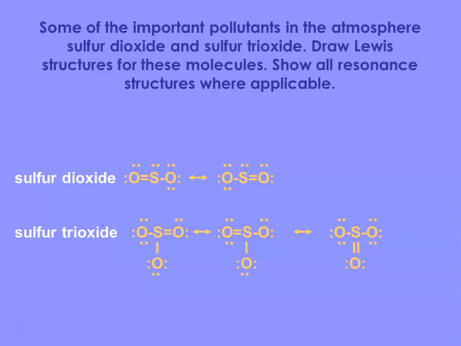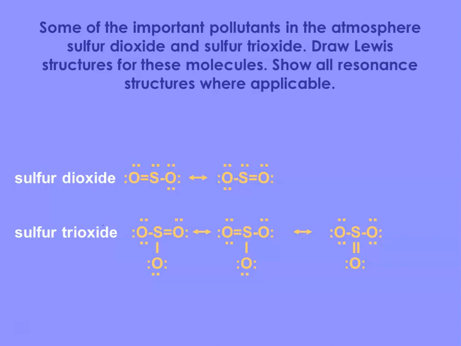With trioxide, sulfur trioxide, you actually have 24 valence electrons able to be dispersed. You're going to use up 6 of them to bond sulfur to each of the oxygens. Sorry, I'm doing math in my head. That would leave you with 18.